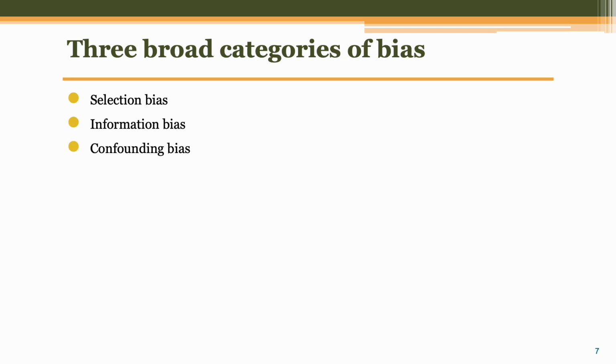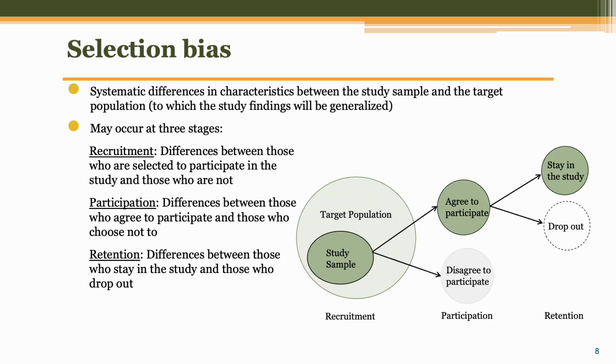There are three broad categories of bias commonly seen in epidemiological studies, which are selection bias, information bias, and confounding bias. Selection bias is caused by systematic differences in characteristics between the study sample and the target population to which the study findings will be generalized. This type of bias may occur at three stages, including participants' recruitment, participation, and retention.